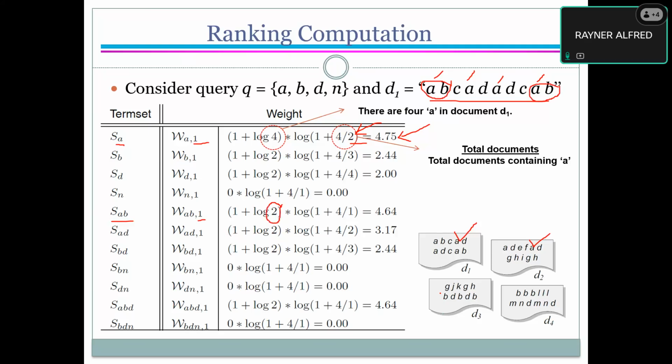And then the only document that has AB is only this one. So we have only one. So we have this calculation. Any questions? They are similar to what we had before, but now we are looking at the occurrence of the term set instead of the individual term.